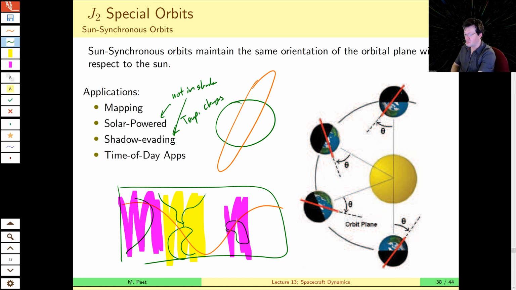So, for example, you design an orbit here, and let's suppose it doesn't change with time. That orbit, the right ascension doesn't change. You get the same orbit over here. Here's Earth. Your orbit, angular momentum vector, is fixed in inertial space. But the position of the orbit relative to the sun has changed.